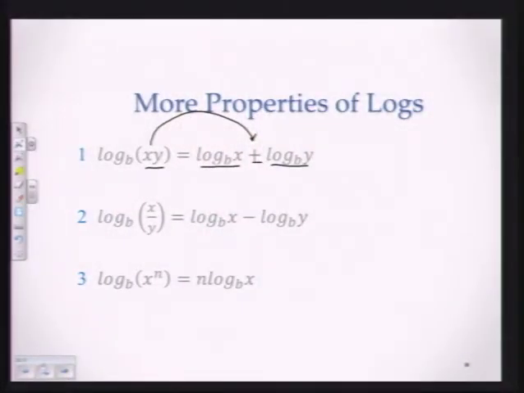In this case, the log base b of xy equals the log base b of x plus the log base b of y is not really too surprising if you think that if we had b to the x times b to the y, in exponential rules, what do you do with those exponents?